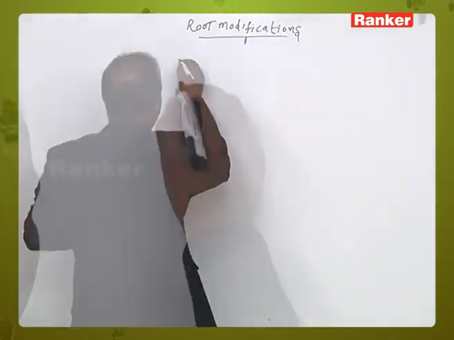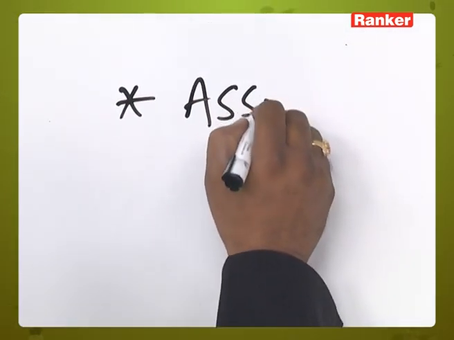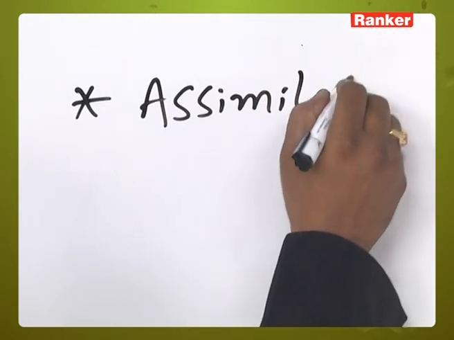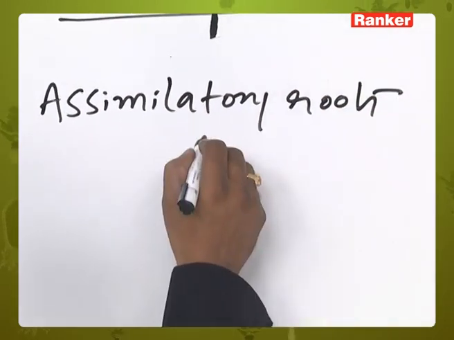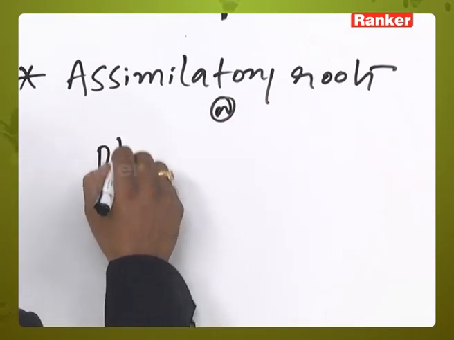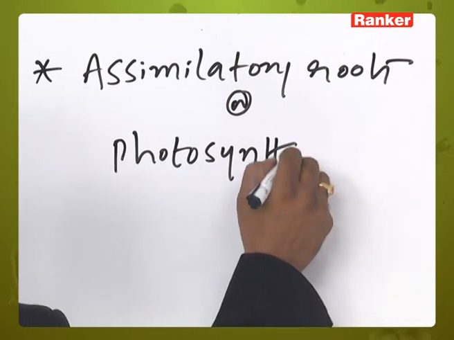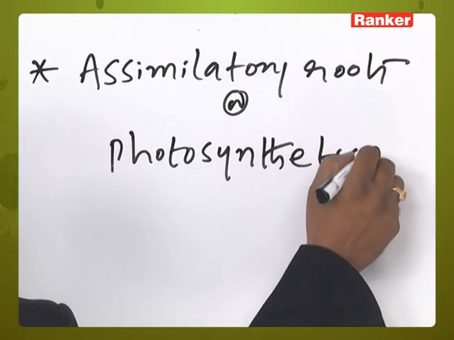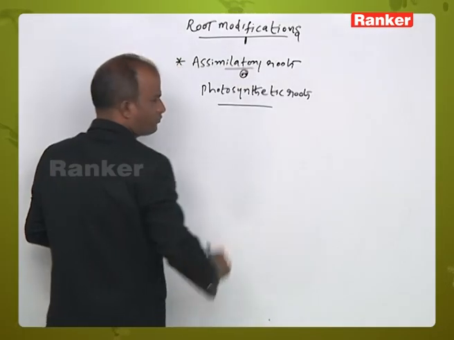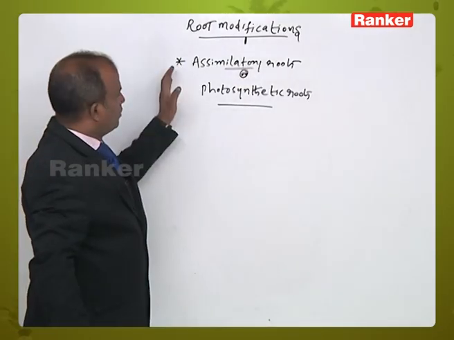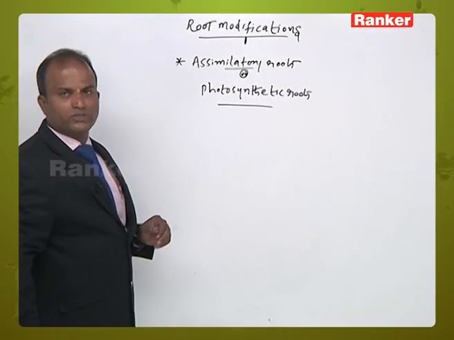Next goes to assimilatory roots. The next modification is assimilatory roots, or photosynthetic roots.